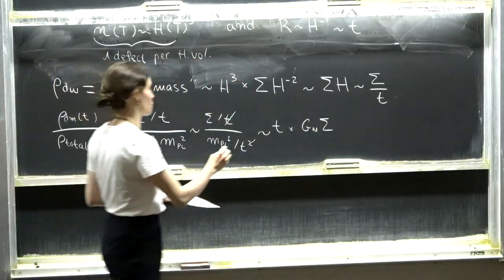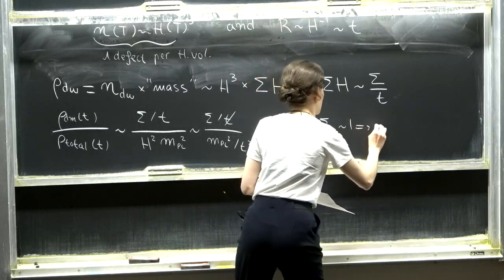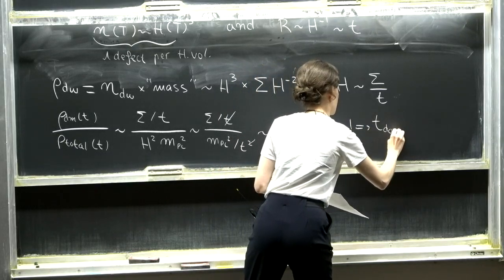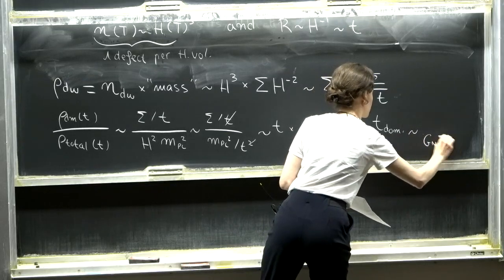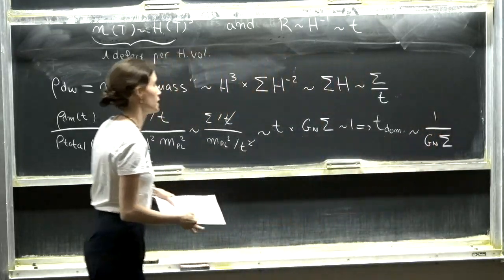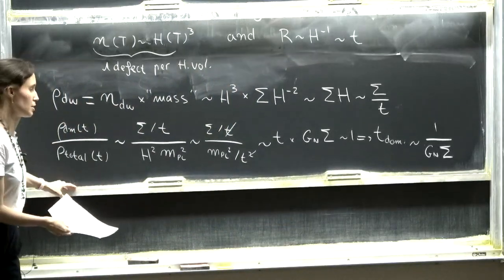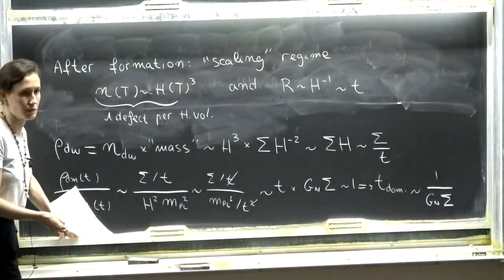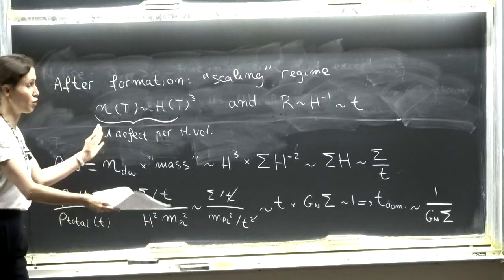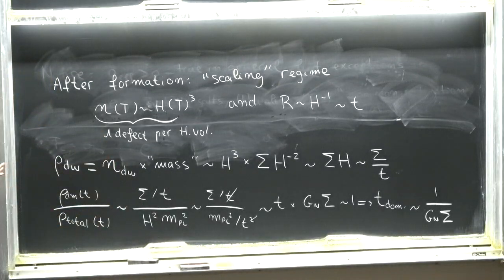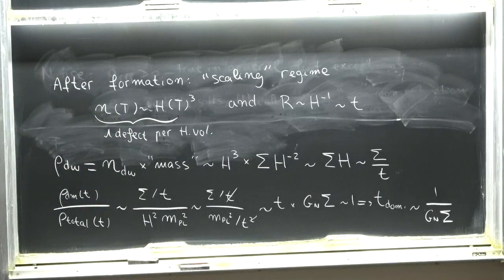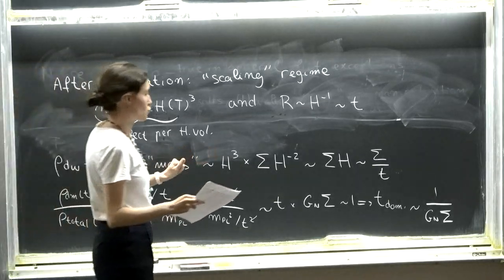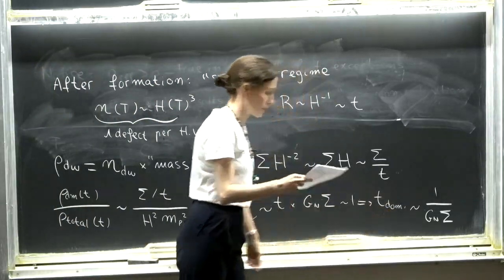And this becomes order 1 at a time of order 1 over G Newton times the tension of those domain walls. If I had told you to just write down some random guess for what the time scale would be, that's the only choice you could have made, because there are only 2 scales in this problem, which are the tension of the domain wall and the Planck scale. So that's what we would have expected. So domain walls will become dominant at time scales of this order.